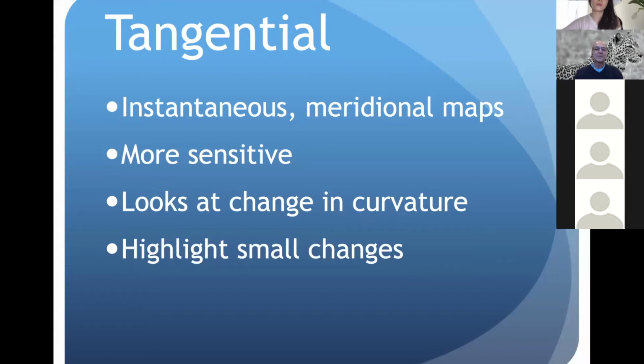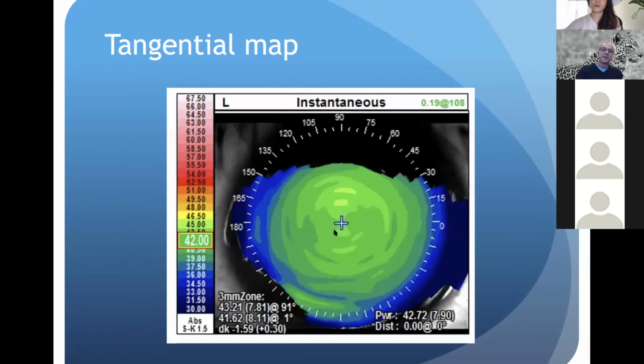So it looks at the changes in curvature, highlighting small changes. And here's that same patient that I showed you before, and it's an instantaneous map. Now here, on the OPD scan, we can set it for any number of readings. It's giving us the simulated keratometry, and I'm not sure which is more reliable, but if I'm going to use the Ks from topography, I tend to look at the curvature maps rather than at the instantaneous maps.